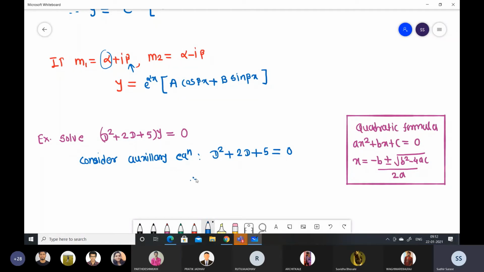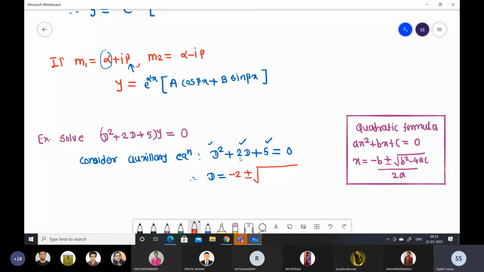So D is equal to, according to this formula, identify the values of a, b, c. Here b is 2, c is 5, and a is the coefficient of D square, which is 1. Now substitute all the values in this formula. So minus 2 plus minus square root of b square.